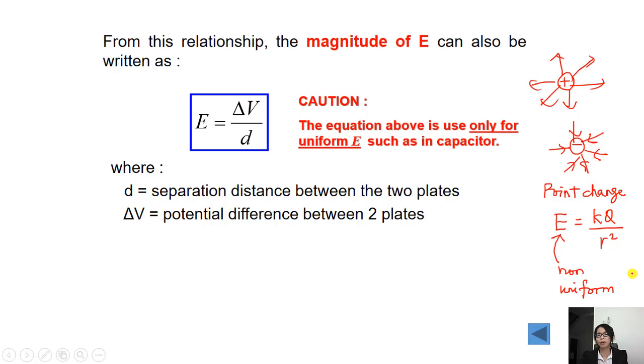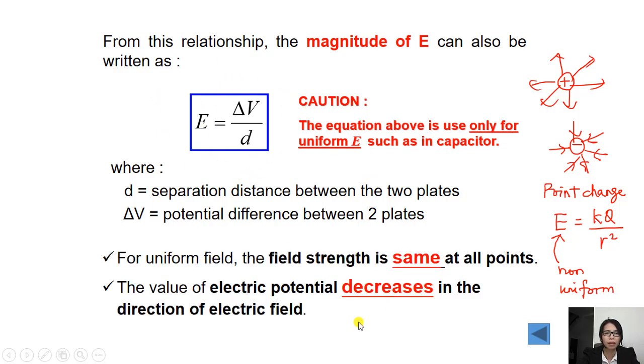So the electric field produced by a point charge is non-uniform and we must calculate using kQ over r squared. This equation is only valid for uniform electric field.